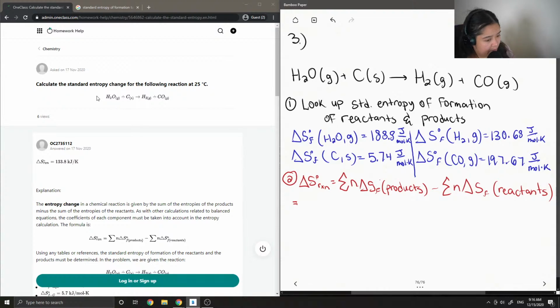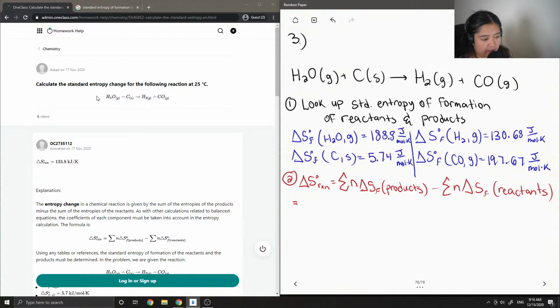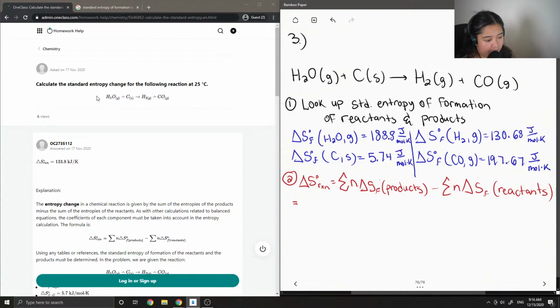And now we just have to plug in all the values that we found in the previous step.